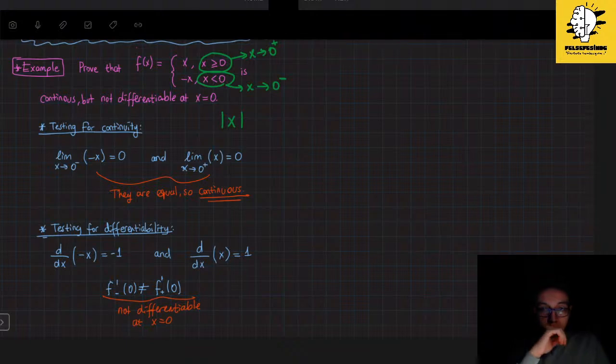Let's take their limit. When x is approaching 0 from left, we know that it is 0. But if x is approaching 0 from right, it is also 0. If they are equal, so we know that it is continuous.